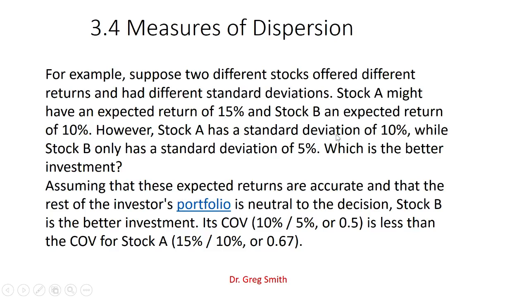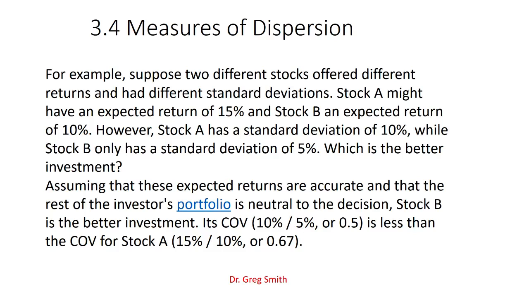Let's just say A has a standard deviation of 10% and B has 15. So the ratio of A would be 15 as your expected return with a 10% deviation, or a coefficient of variation of 0.67. The coefficient of variation for B, 10%, it should actually be 10% divided by 5%.